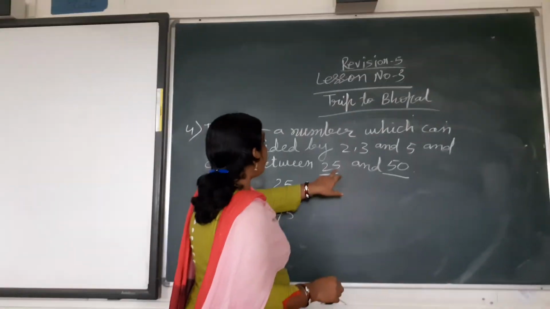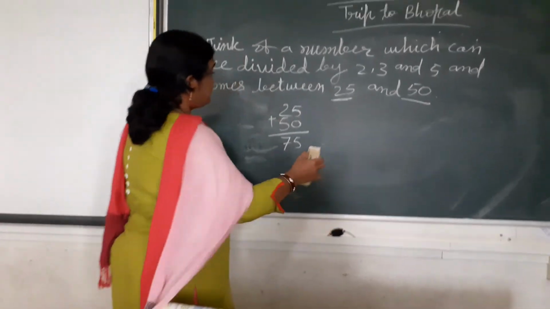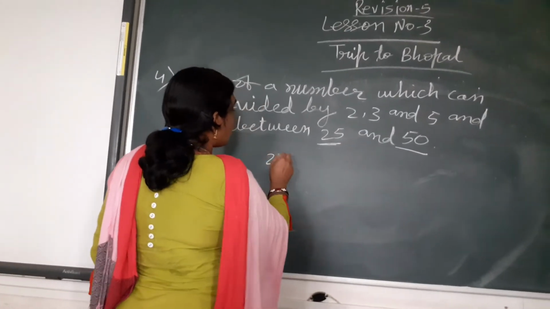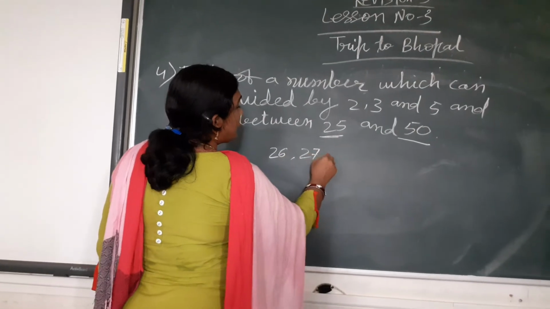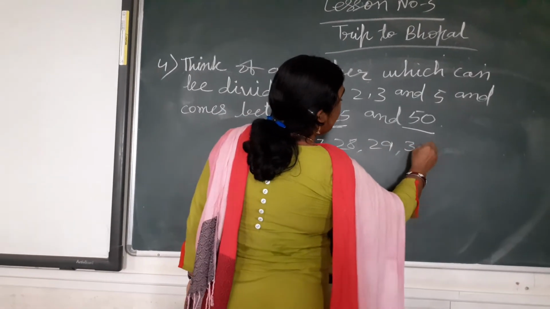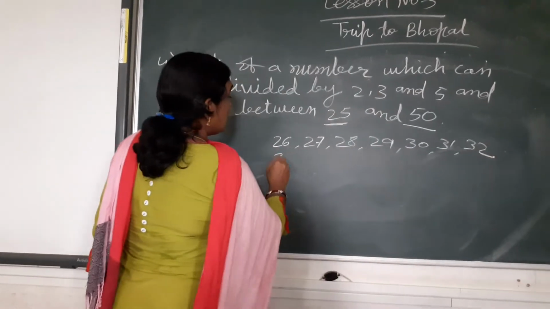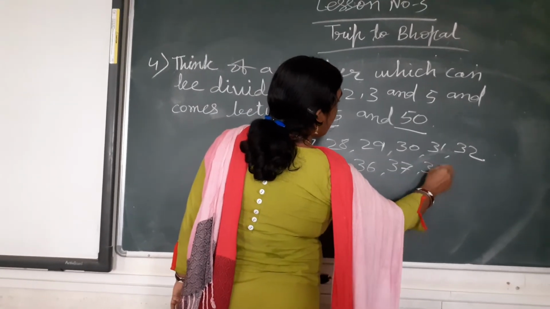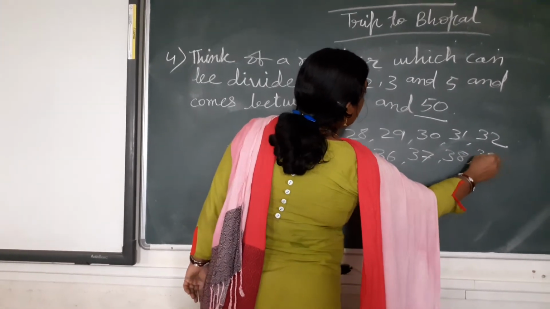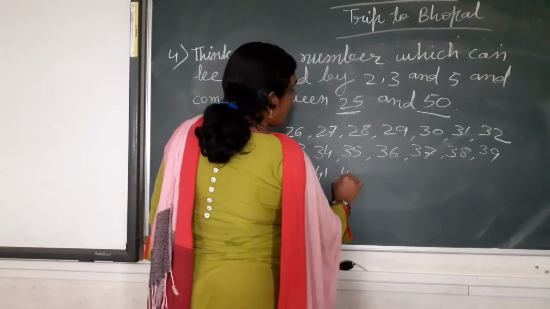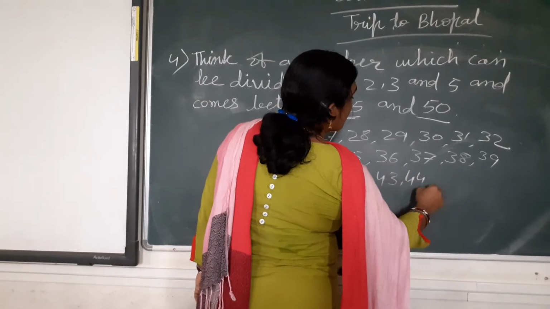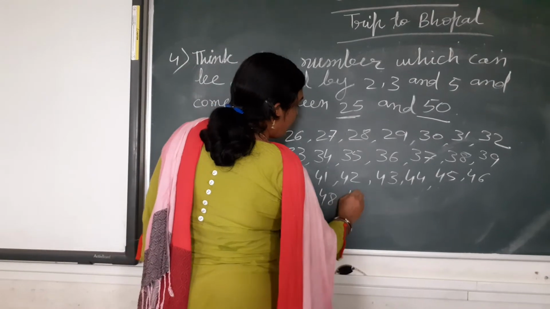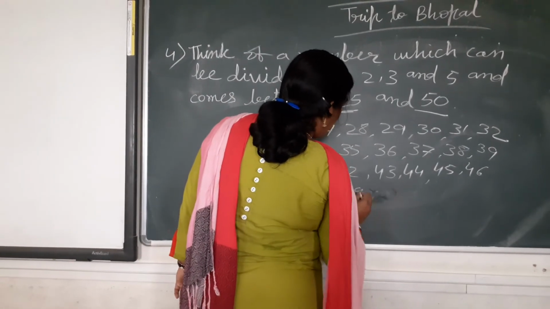So, between 25 and 50, the numbers are 26, 27, 28, 29, 30, 31, 32, 33, 34, 35, 36, 37, 38, 39, 40, 41, 42, 43, 44, 45, 46, 47, 48, 49. We cannot write 50, only till 49.